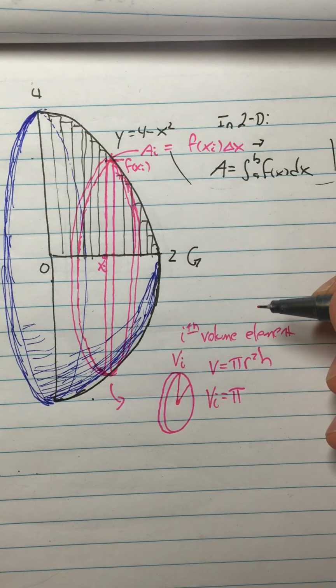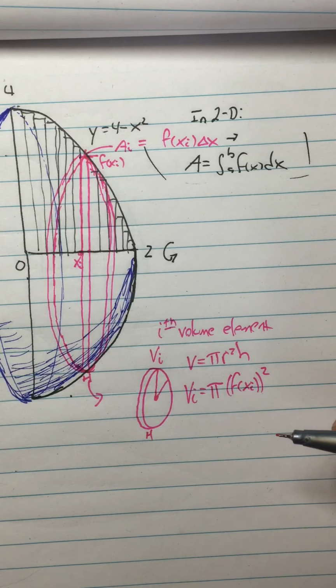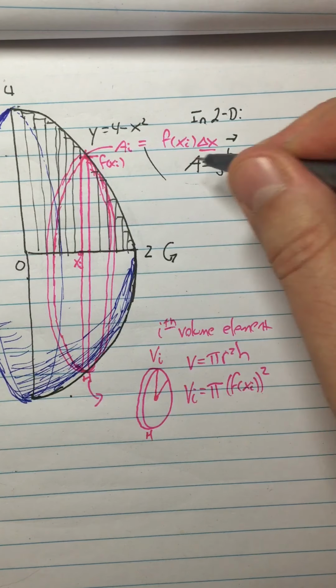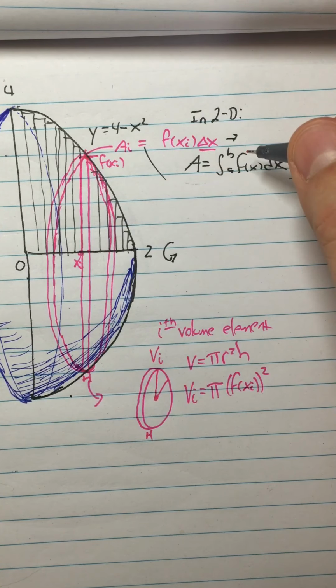Now, what's the height of this cylinder, which in this picture really looks more like a width? Well, what was the width of the rectangle? The width of the rectangle was delta x. The width of the cylinder is also delta x. So that width is delta x, and this radius is f of x sub i. So that's your ith volume element: v sub i is equal to pi times f of x sub i squared times delta x.